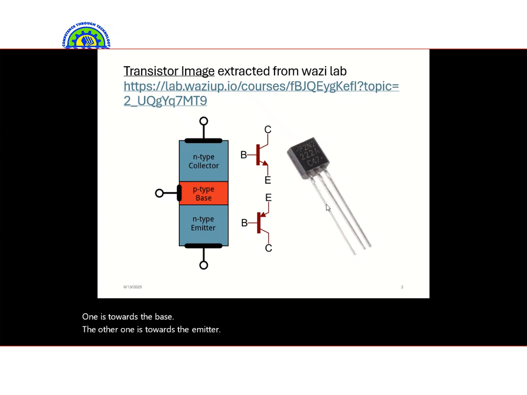We have this real area of a transistor, and the definition of a transistor is a three-terminal device capable of switching and amplification.